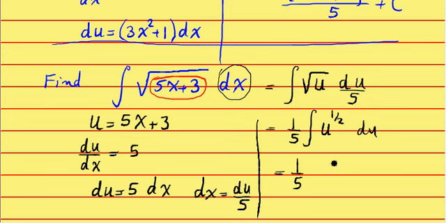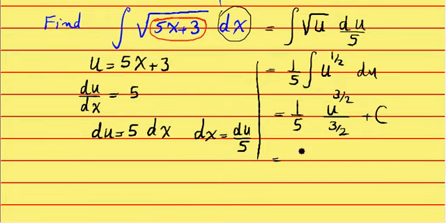How do I integrate that? Well, we had the rule: you increase the exponent by 1, get 3 halves, divide by that, 3 halves, plus a constant. Now I take 3 halves, take the inverse of it and multiply by this. That's going to give me 2/15.